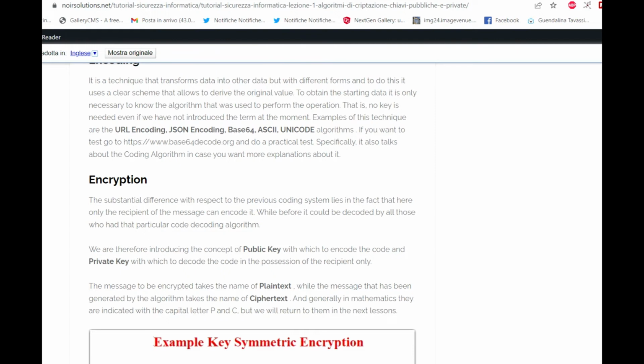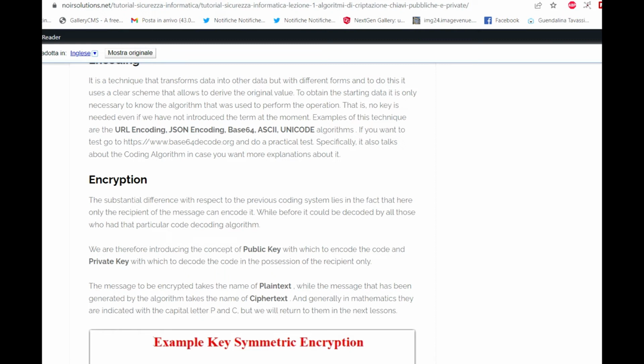That is, no key is needed, even if we have not introduced the term at the moment. Examples of this technique are URL encoding, JSON encoding, base64, and ASCII and Unicode algorithms.